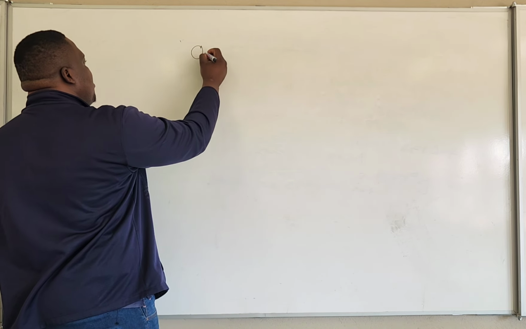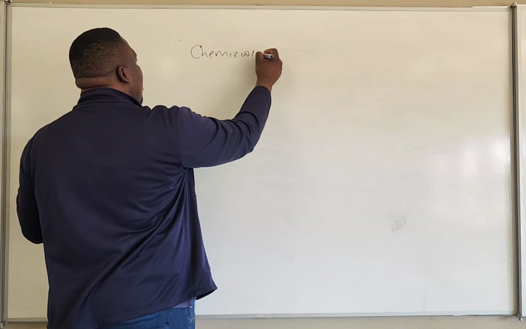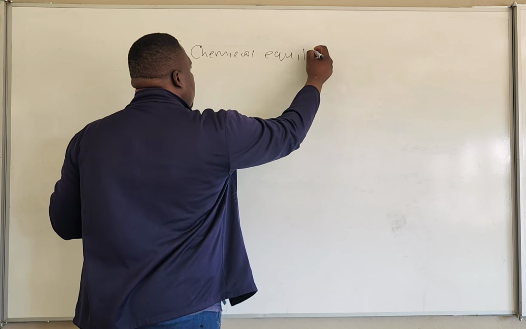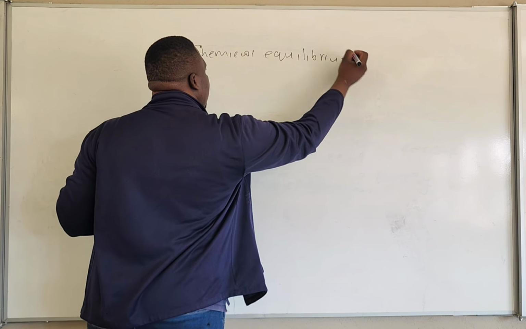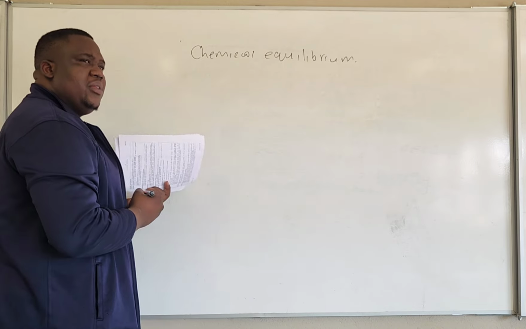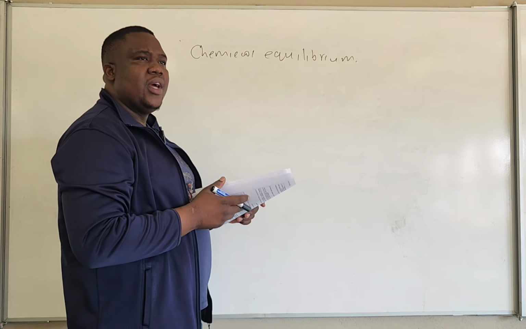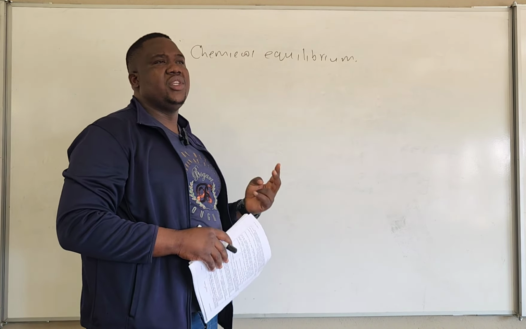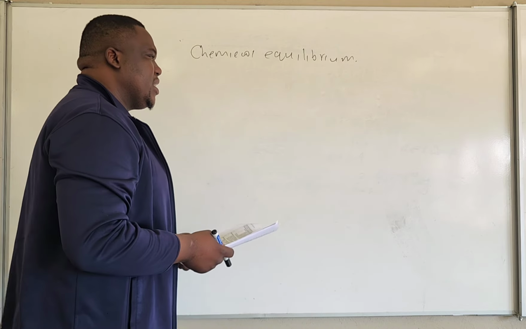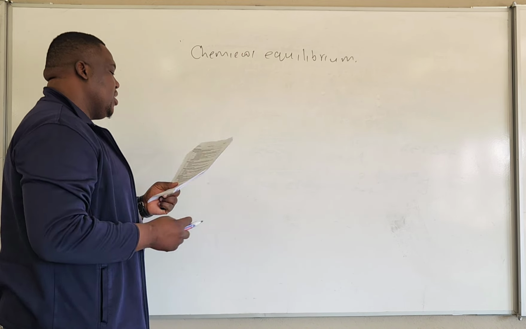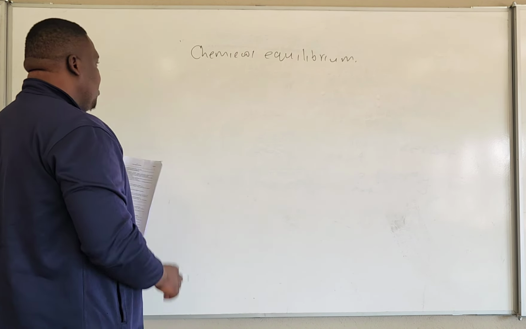What is chemical equilibrium? What do we mean by this chemical equilibrium? I've just indicated to you two conditions for chemical equilibrium. But what do we mean by chemical equilibrium?